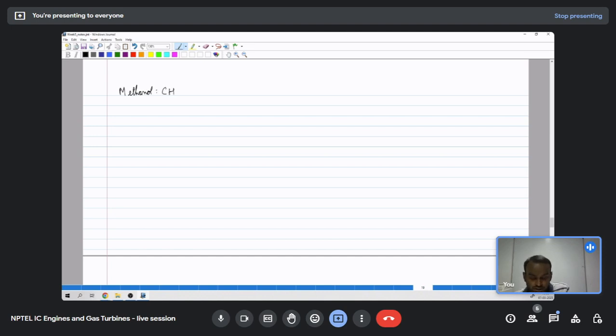Methanol molecular formula is CH3OH. So this plus air, m times of air, that is O2 plus 3.73 N2, will give A times of carbon dioxide plus B times of water plus C times of nitrogen.